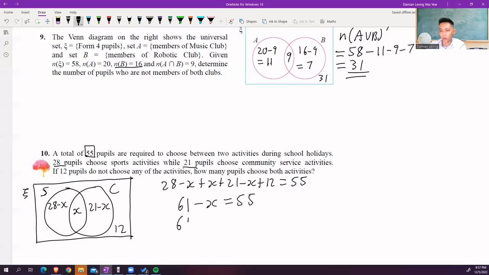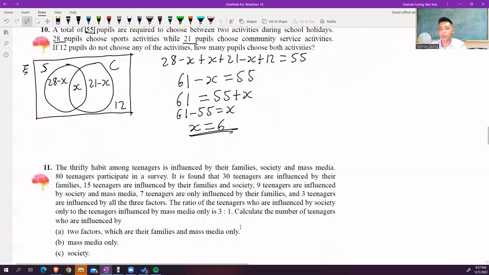Okay, so I can just bring over the X, minus becomes plus, bring over the 55, plus becomes minus. So X will be 6. Which is the number of pupils that choose both activities. So the answer here is 6. Okay, that's for question 10.